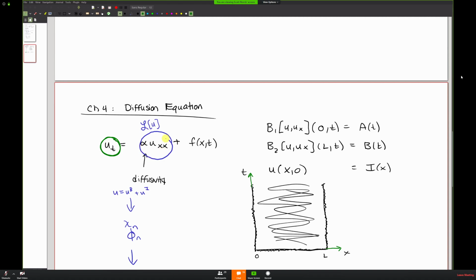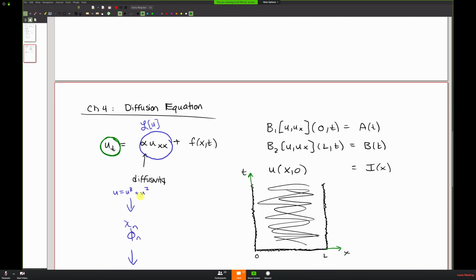Now, all of the example problems that we've done so far simply had as the spatial operator UXX, or maybe some multiple of that, like 2UXX or something. Okay, but that is an operator with which we are very familiar. And we know that it is already self-adjoint and it has a weight function of 1. All right. So because we already know that that operator is self-adjoint, all those properties of self-adjoint operators automatically apply.